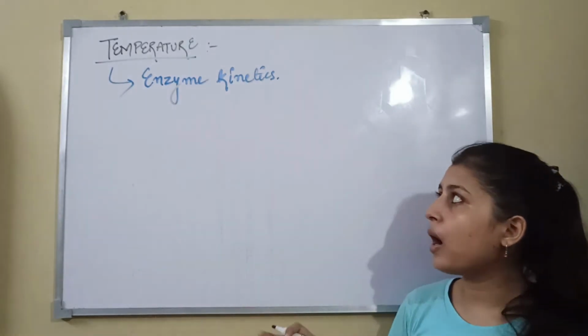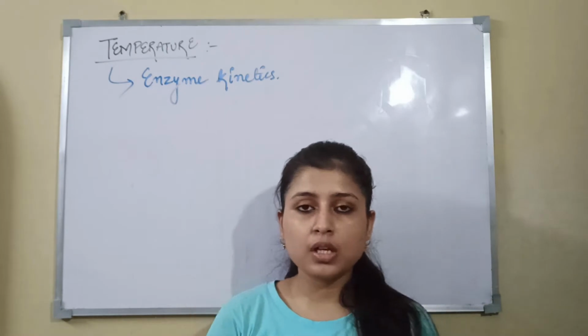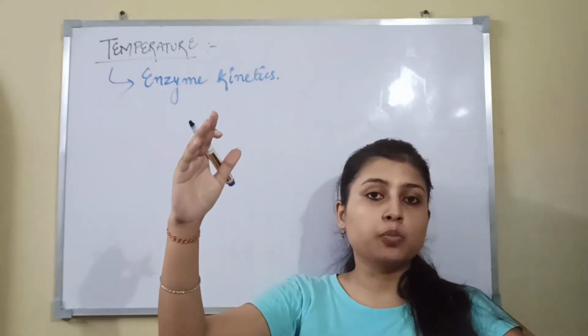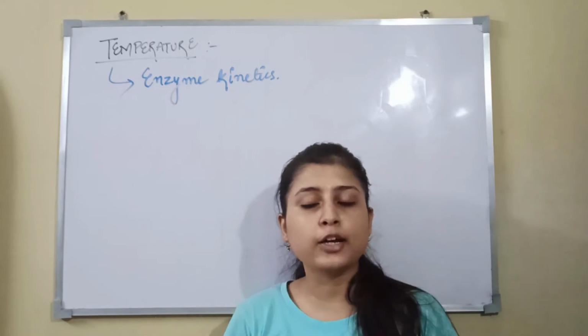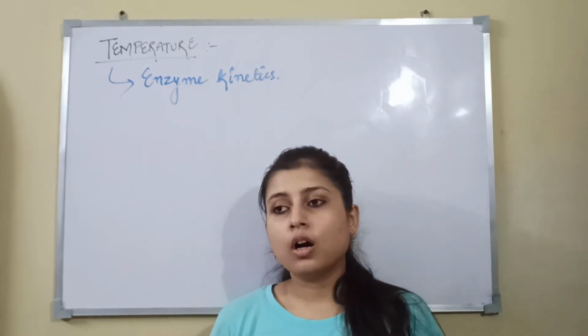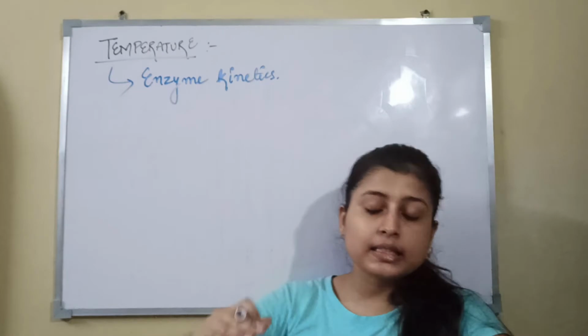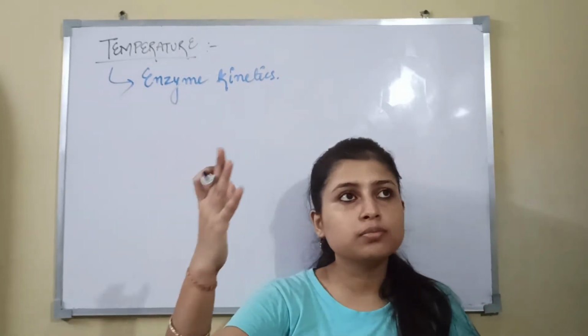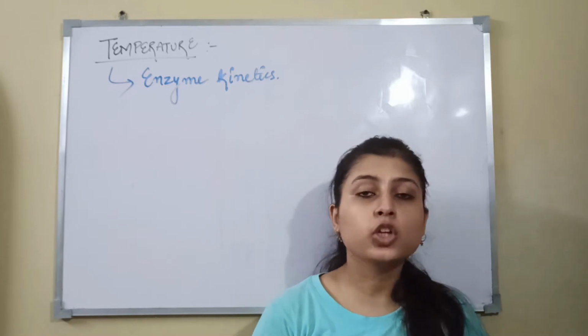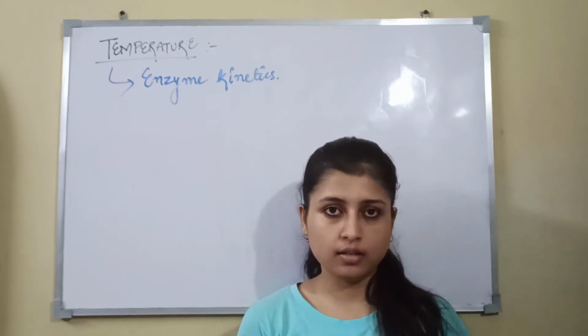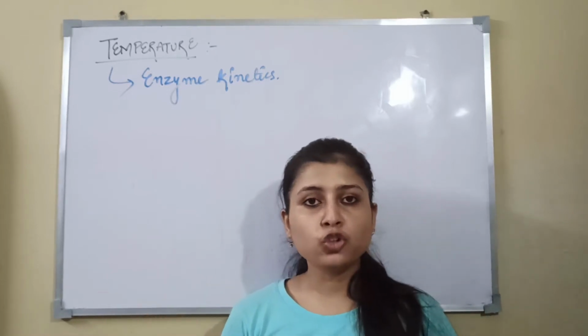So if you talk about enzyme kinetics, if you increase the temperature more than 37 degrees Celsius, which is the optimum temperature for any kind of enzyme to work, or you exceed it to a very high value, say 45 or 50 degrees Celsius, then your enzyme will get degraded, right?